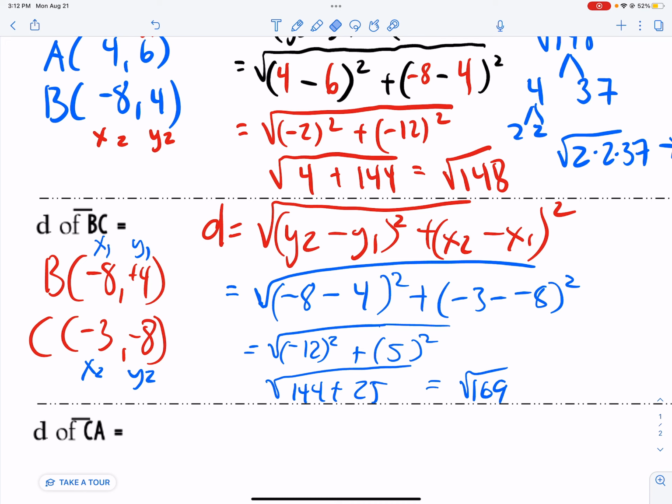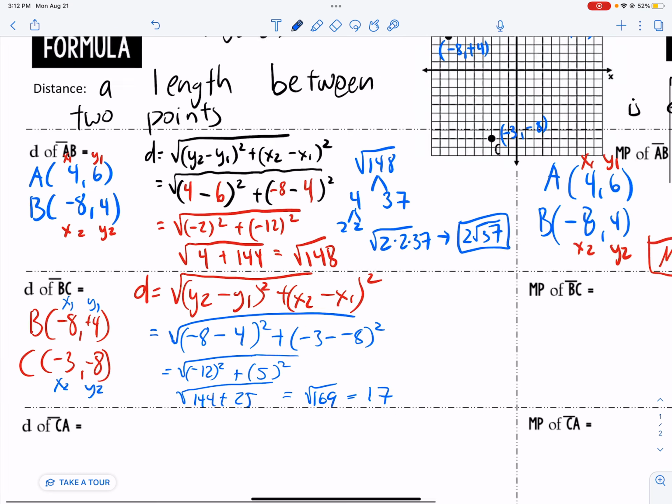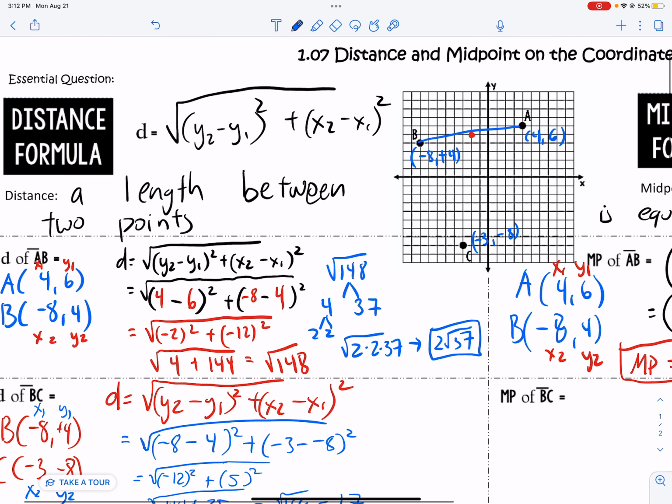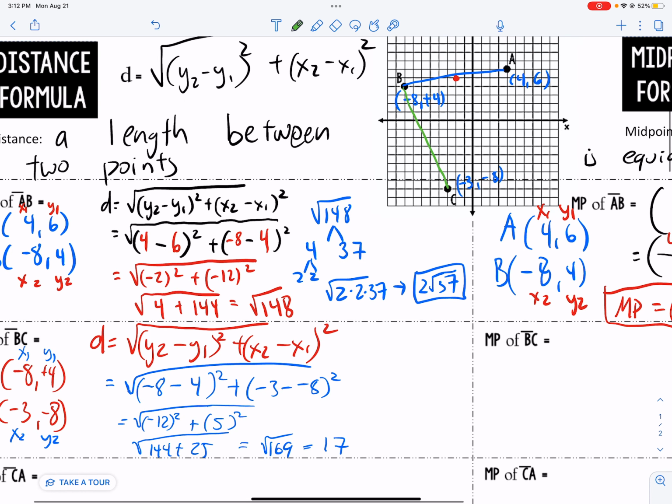Perfect. So we're saying that the distance between B and C is about 17 units. That sounds right. Moving on. Is it 17? Oh, it's not 17. It's 13. Yes. That's what I get for not using a calculator. The square root of 169 is 13.